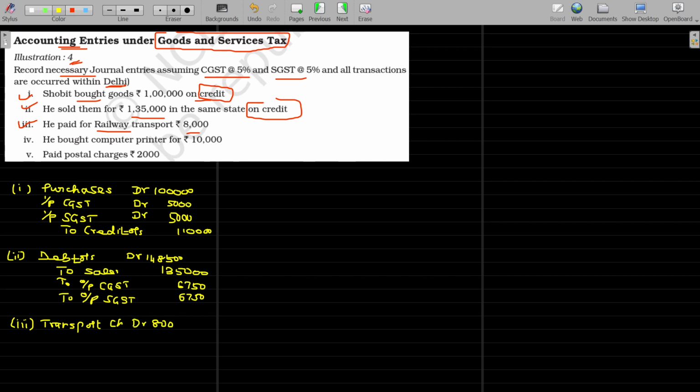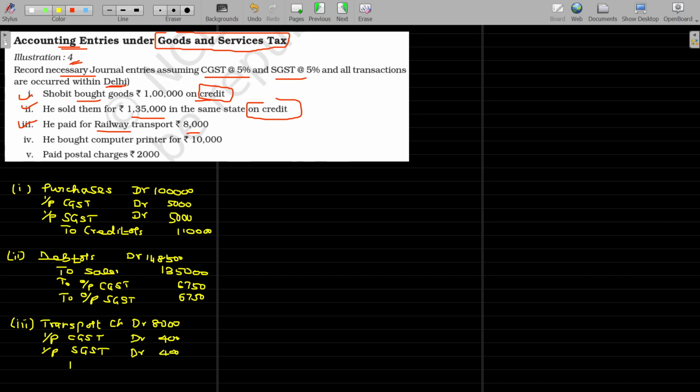Of course, I will be paying the GST also, meaning CGST also. As this is input services, I can get it refunded. So input CGST should be debited, and input SGST account should also be debited. 8,000 rupees for the seller, 5% on the 8,000, 400 is for the central government, another 400 rupees is for the state government. In total, the amount payable by me is 8,800.